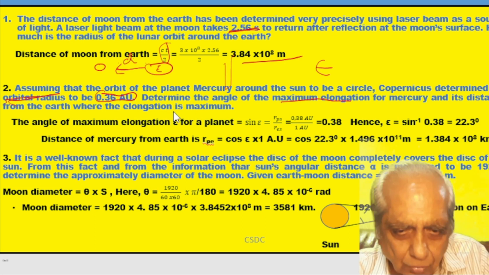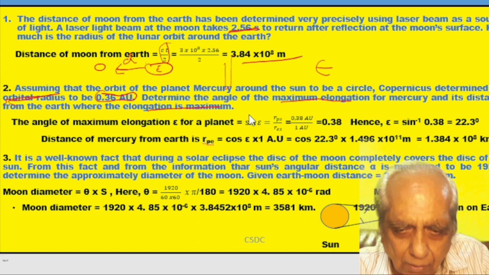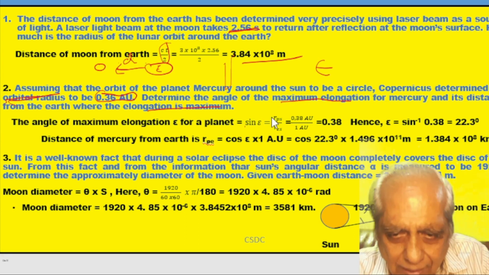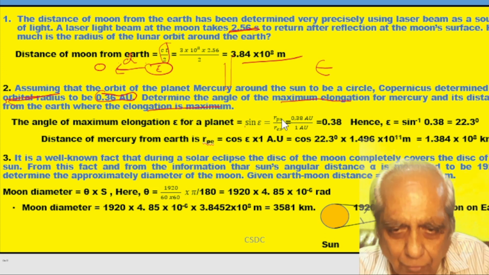Whenever epsilon is there, elongation is maximum. Now we know the formula: sin epsilon naught is R, the distance of the planet from the sun, upon the distance of the earth from the sun.